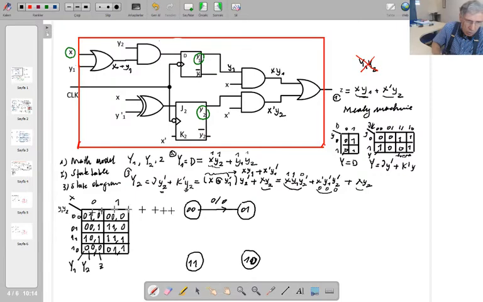Present state 0, 0, you apply input 0, your next state is 0, 1. Put that arrow here, 0, 1, your next state. Your output z is equal to 0, so we write it here. So this is input, and this is output.